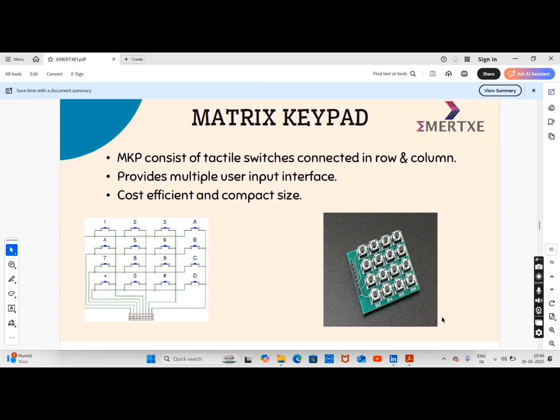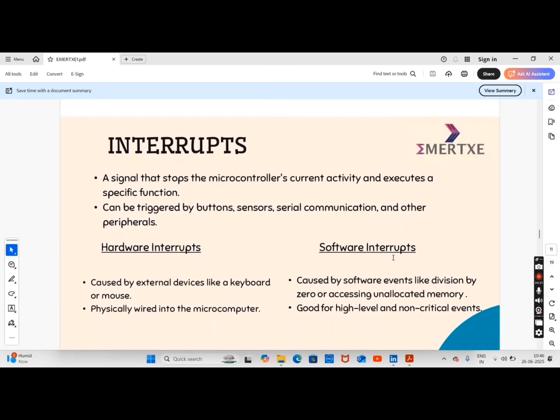As we can see in our diagram, it is connected in rows and columns, and it is cost efficient. It is very efficient in cost and also compact in size. As we can see, it is very compact in size.